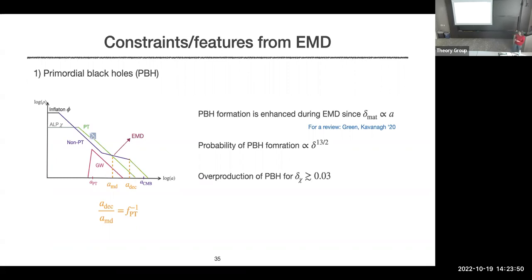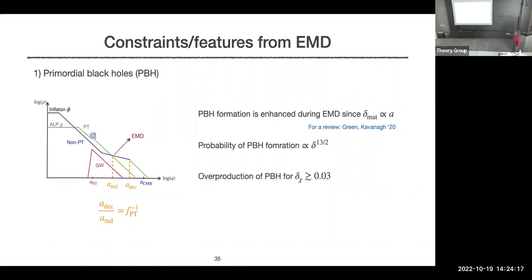I'm confused. This chi behaves as basically a radiation, and the decay product of chi is basically a radiation. So what forms this PPH? Which perturbation began PPH in this? Yes, so generally, the subhorizon modes.